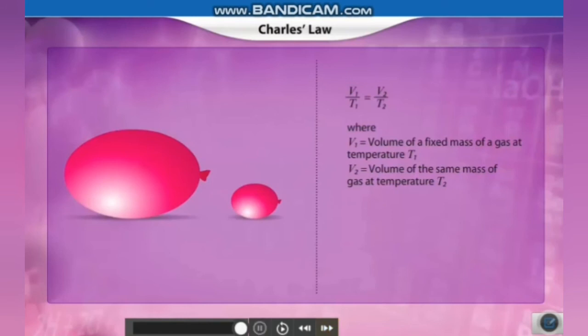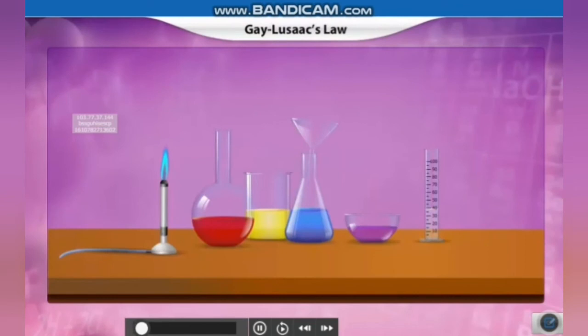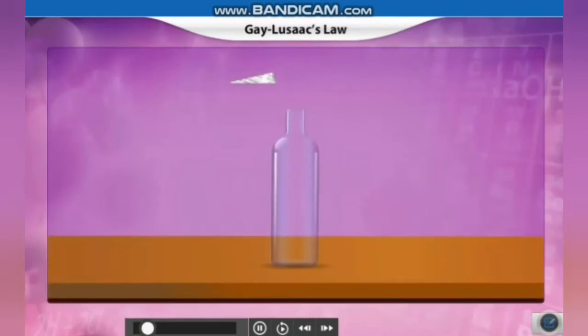Let us now move into the third law, which is Gay-Lussac's law. Consider a bottle which contains a paper that is slightly lit, and it is inserted into the bottle, and the bottle is closed with an egg. After some time, with the support of oxygen, the paper burns.